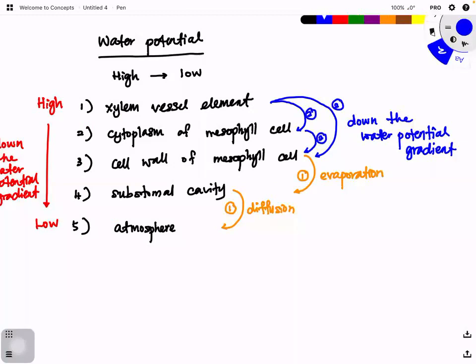Part two, we talk about how the water molecule actually moves from the xylem vessel element into the cytoplasm of the mesophyll cells or the cell wall of the mesophyll cells. Okay, so let us look at this part two.